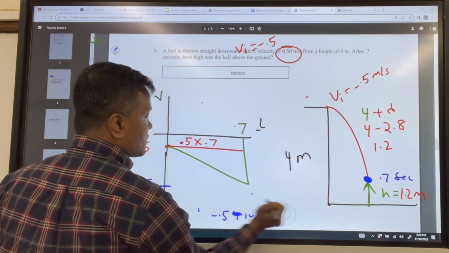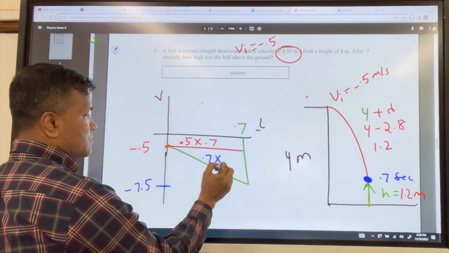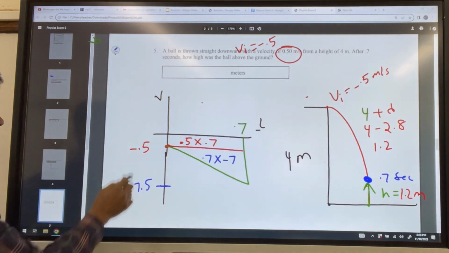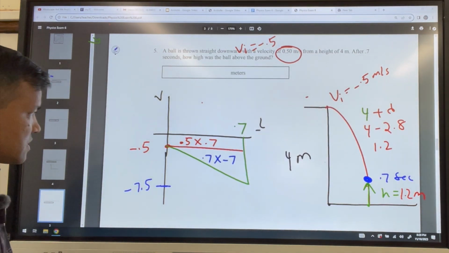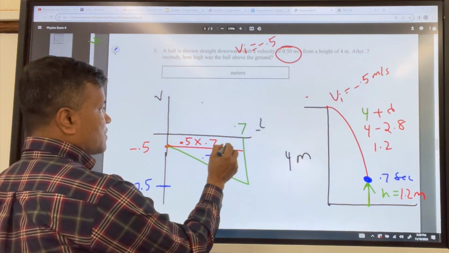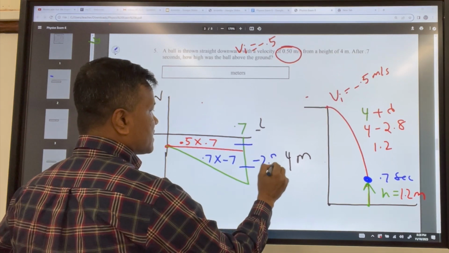The triangle is the base 0.7 times the height, which is negative 7, because 7.5 minus 0.5 is just 7. Okay, good. If you add these two, you get negative 2.8.